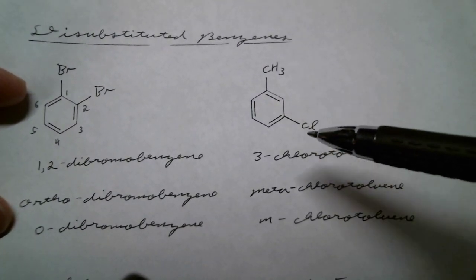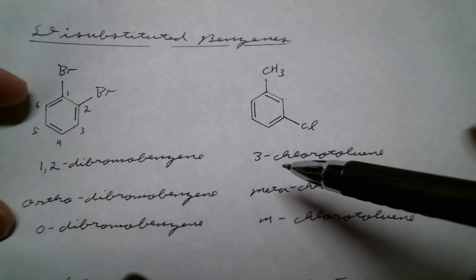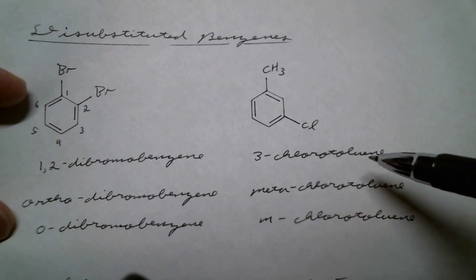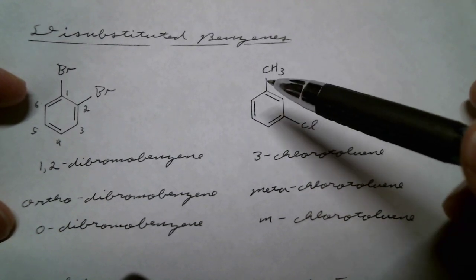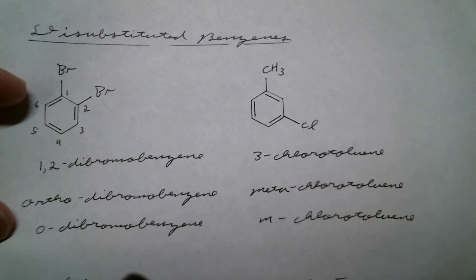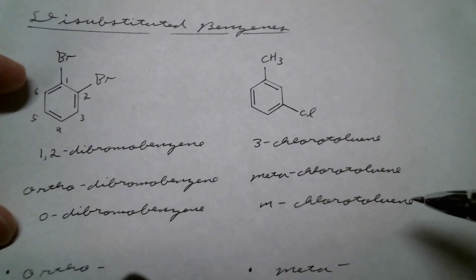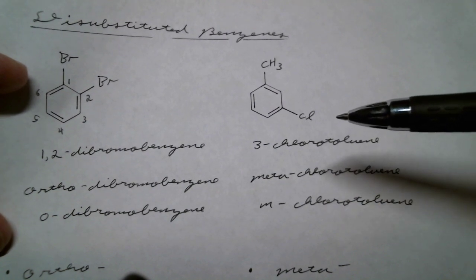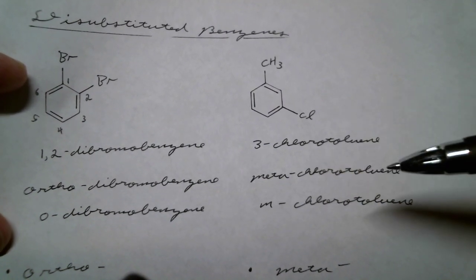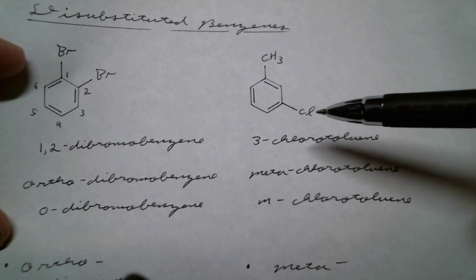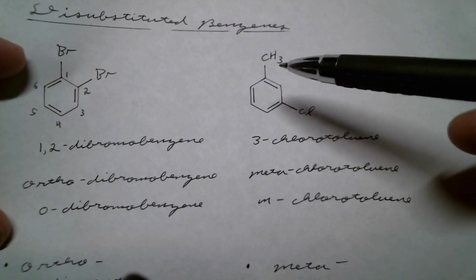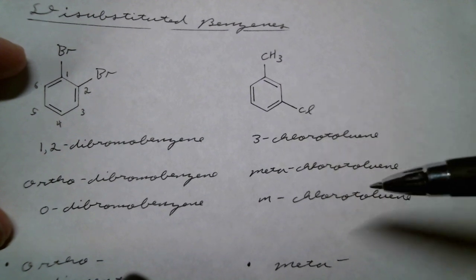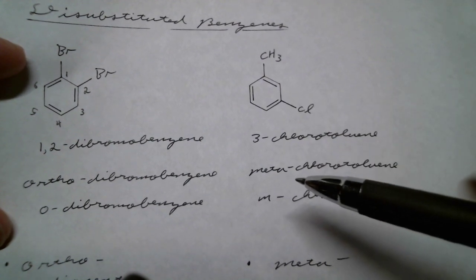How about this guy? This guy would be called 3-chlorotoluene if we use the common name for methylbenzene. Otherwise, if you were to use an IUPAC name, you might call it 1-chloro-3-methylbenzene. Another way we describe a 1,3 relative substitution pattern on aromatic rings is the use of the prefix meta.